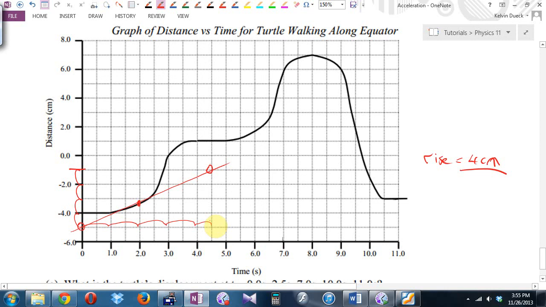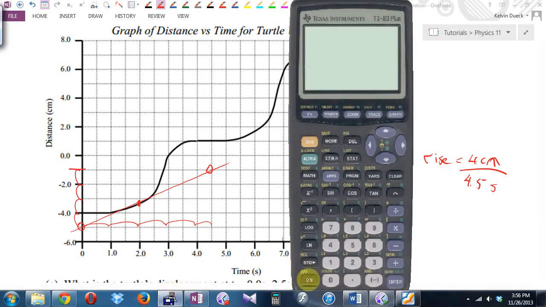The vertical axis is going up by ones, yes, but on the horizontal axis, every other square is 1. So it'd be 4 over 4.5. The instantaneous velocity for me would be approximately 4 over 4.5. I'm getting about 0.8 or 0.9 centimeters per second.